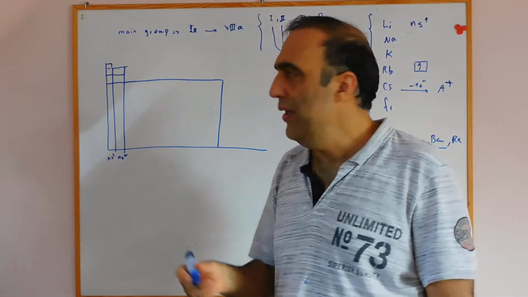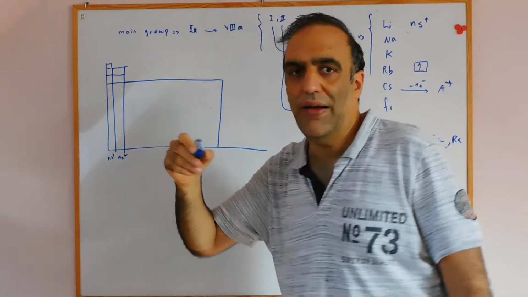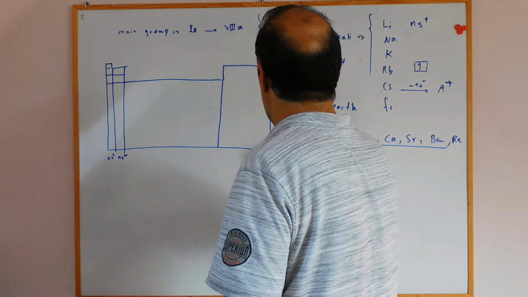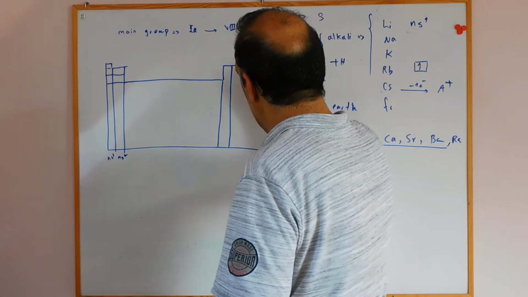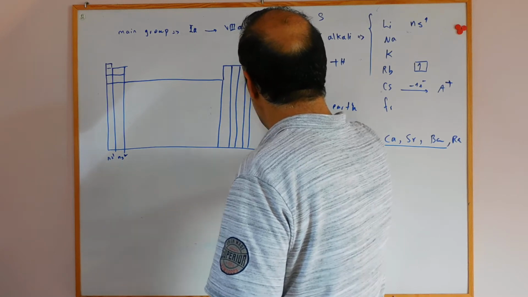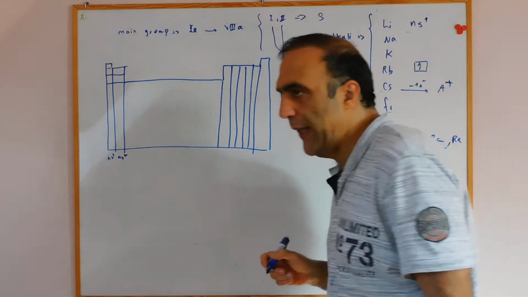They are the 10 groups of D, which we will study later. After that we will have groups 3, 4, 5, 6, 7, 8.